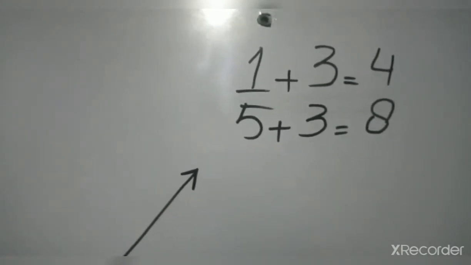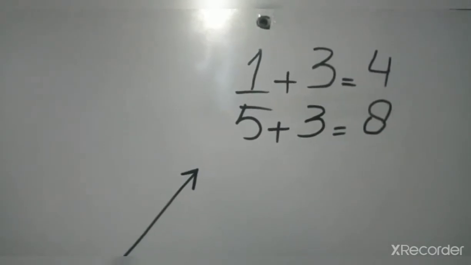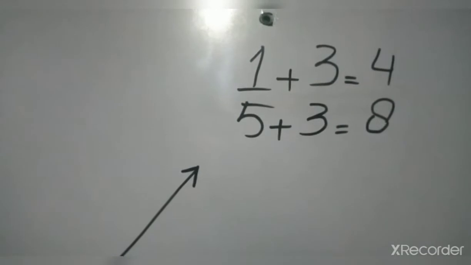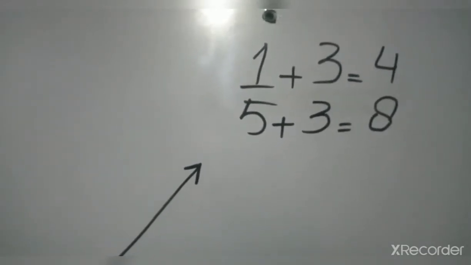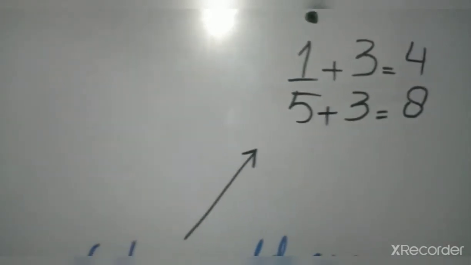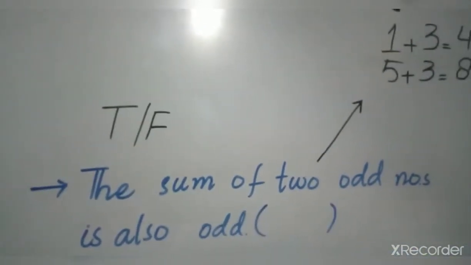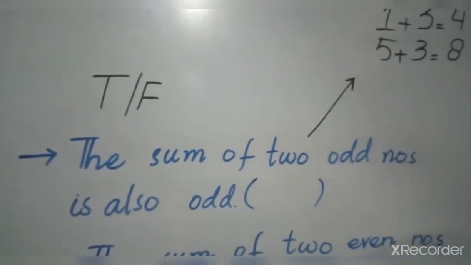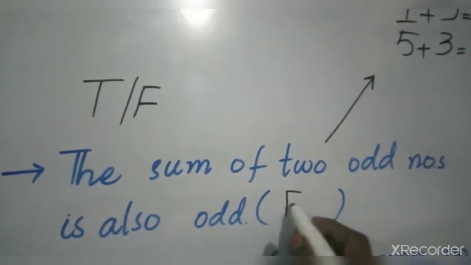This 4 is an even number. Let's check it with the second one. 5 and 3 are odd numbers and the addition of 5 and 3 is an even number, which is 8. It means this statement is not true. Why? Because we have seen here that the addition of two odd numbers is even. So this statement is false.